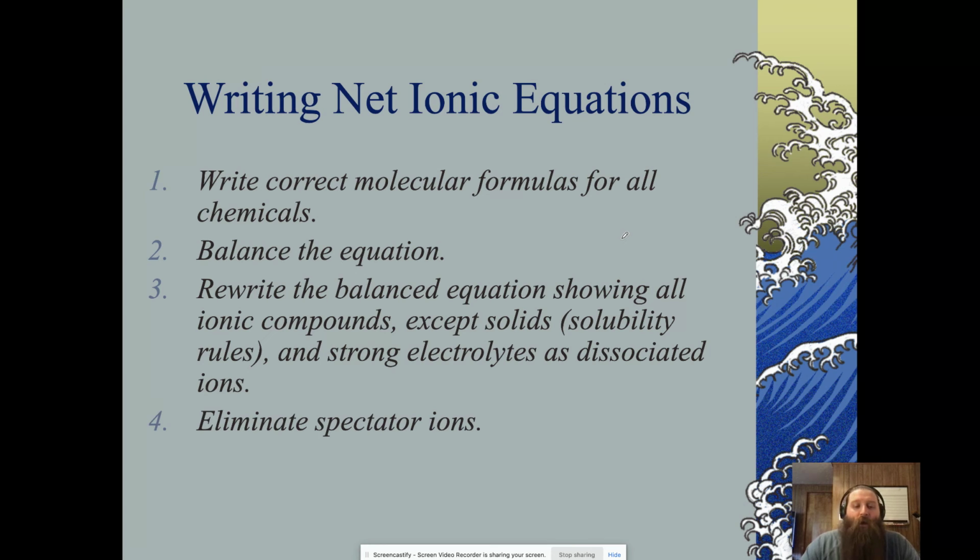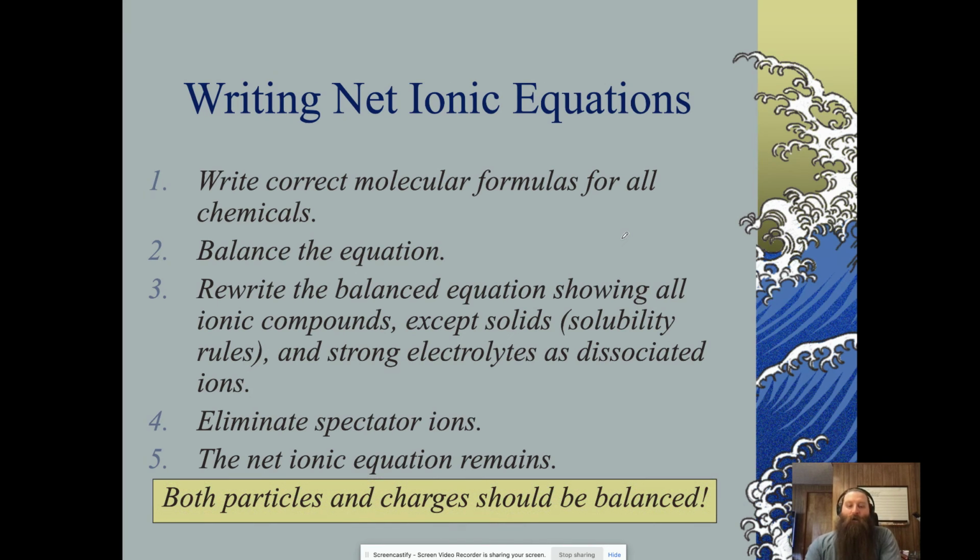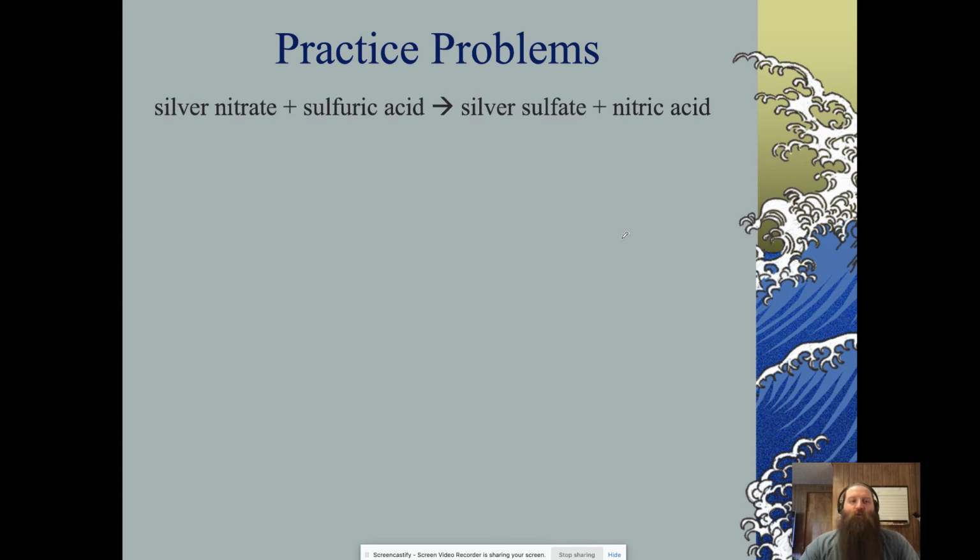We're going to get rid of what we call the spectator ions, all right? And that's going to leave us with a net ionic equation. When we do that, particles and charges are going to be balanced. That's a pretty big deal. You might be wondering, how do I know what is a solid? Well, I use the solubility rules that I learned earlier in the year when we talked about solutions, okay? So let's do a practice problem with that.